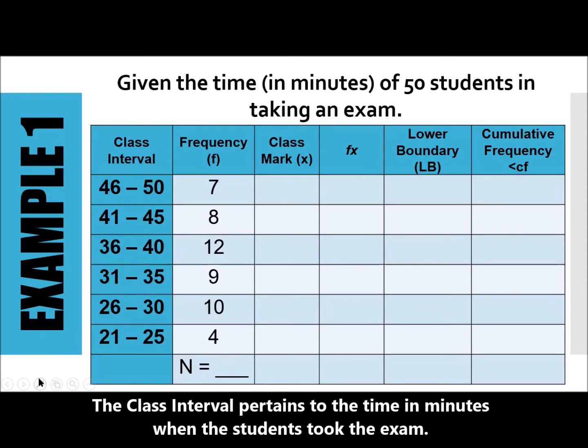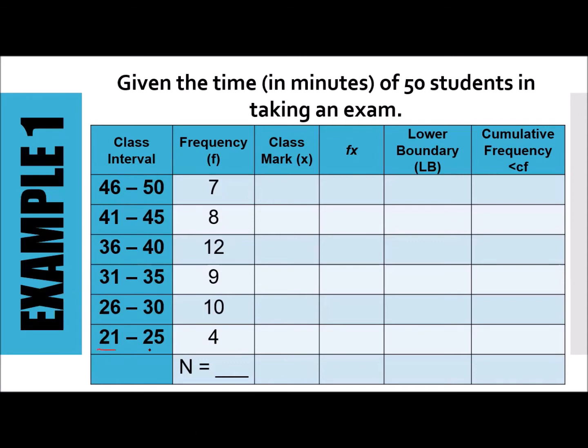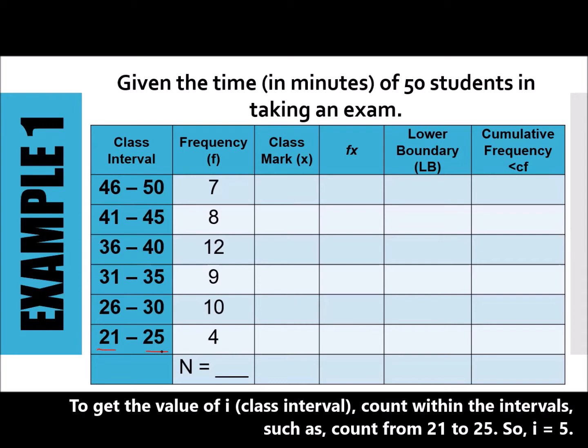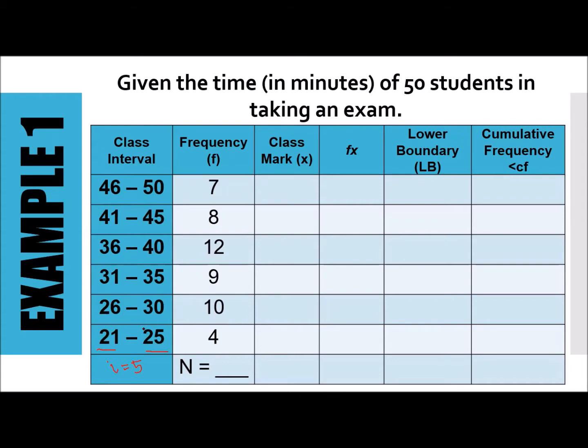So kung bibilangin natin yan, 21 to 25: 21, 22, 23, 24, 25. Ilan po iyon? So, magkakaroon tayo ng class interval na 5, kasi mula nga 21, papunta kay 25. At gayon din sa 46 to 50. Kung bibilangin din natin iyon, magkakaroon din tayo ng 5.